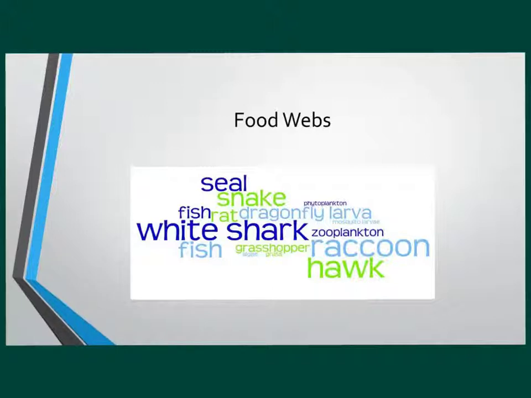If you'll notice, there are 3 large words here. The 3 large words include white shark in the dark blue, raccoon in the light blue, and then hawk in the green. They all have the same association to one another, yet they're in a different food web.